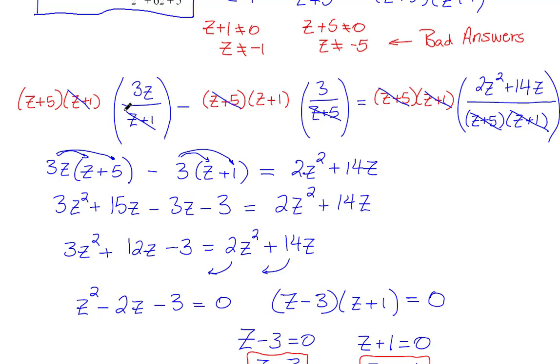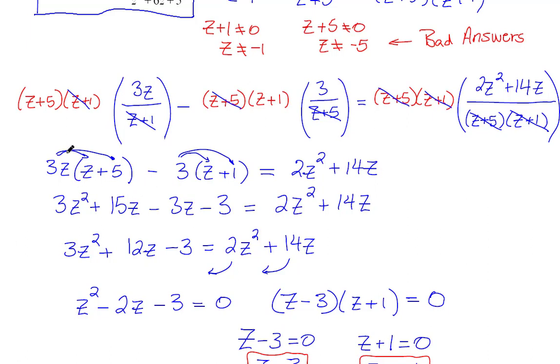In the first part, the z plus 1 cancels, leaving me the 3z and the z plus 5. In this piece, the z plus 5 cancels, giving me a 3 and a z plus 1. On the right, everything cancels, and so I just get the top part.